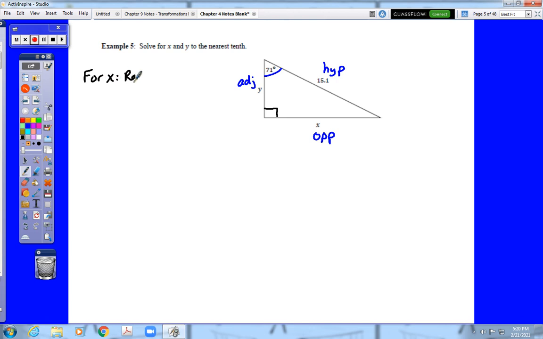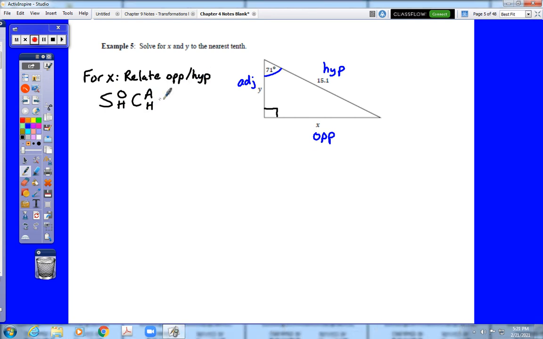we are going to relate the opposite and the hypotenuse, which means if we're looking at SOHCAHTOA to figure out which one to use, we are going to be using the sine function because sine is opposite over hypotenuse. That gives us the equation sine of 71 degrees, sine of the angle, equals opposite over hypotenuse.